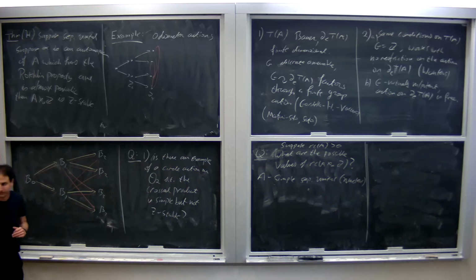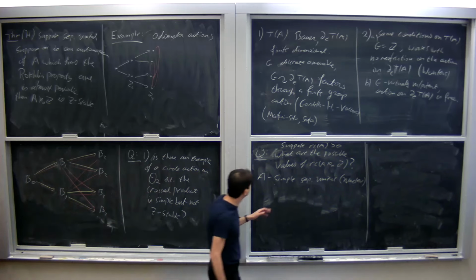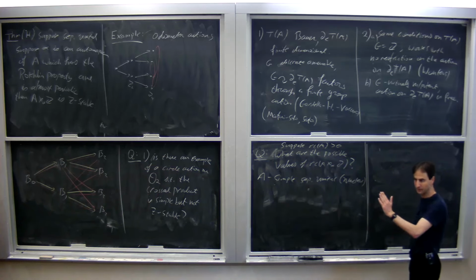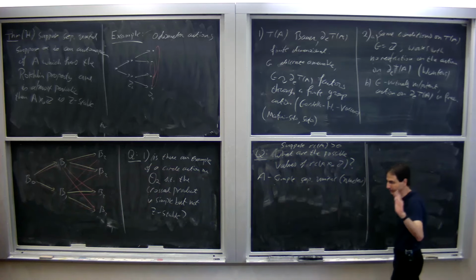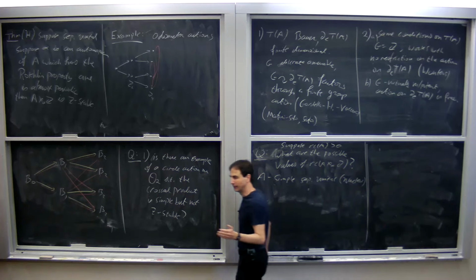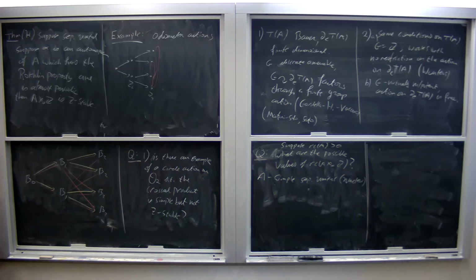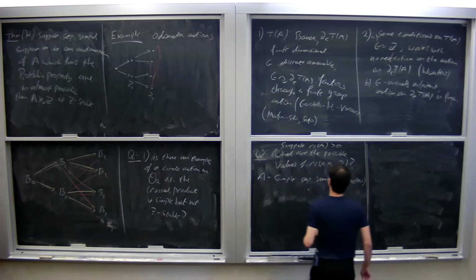What else could happen? It seems plausible that you can get anything between 0 and the radius of comparison of A, but that's not a theorem, and I have no idea how you could go up, if that's even possible. So that's just a vague question.